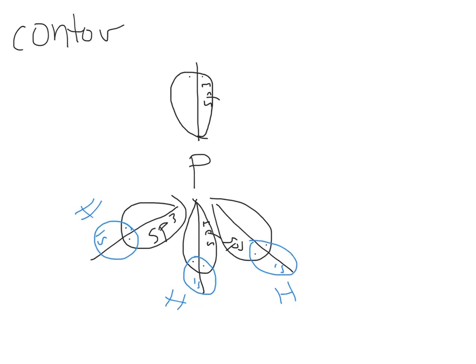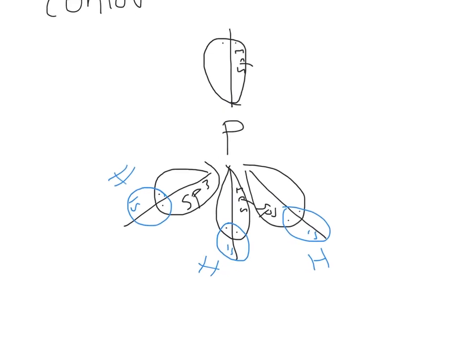And each one of these bonds here are going to be sigma bonds. Now we do see that we still have the lone pair. The lone pair didn't bond with anything, and the repulsion is what helps give that trigonal pyramidal shape by pushing these single hydrogen bonds down, giving us this angle right here to be less than 107 degrees.